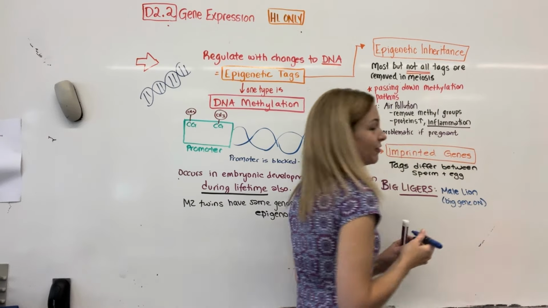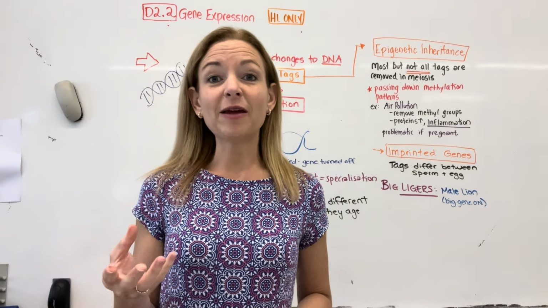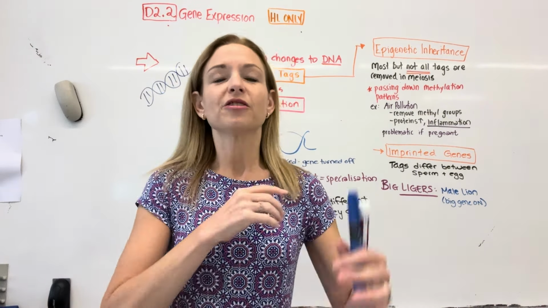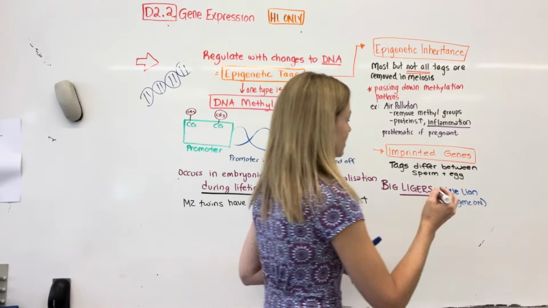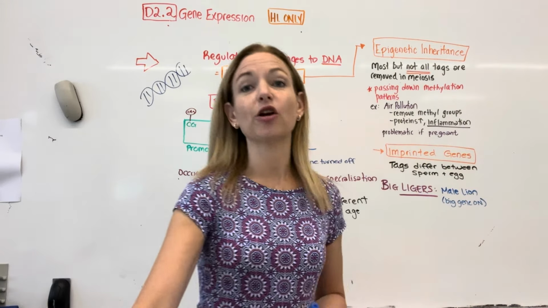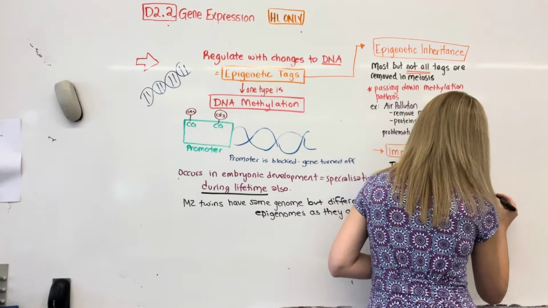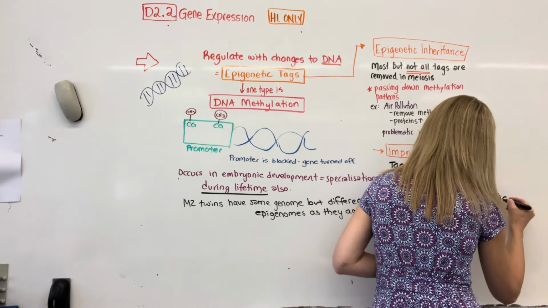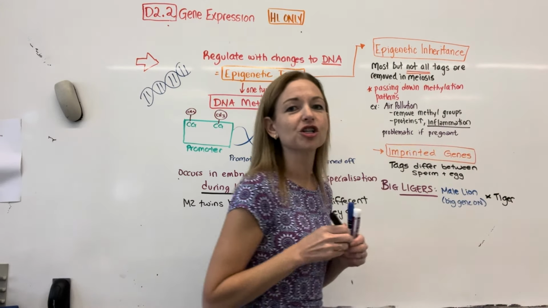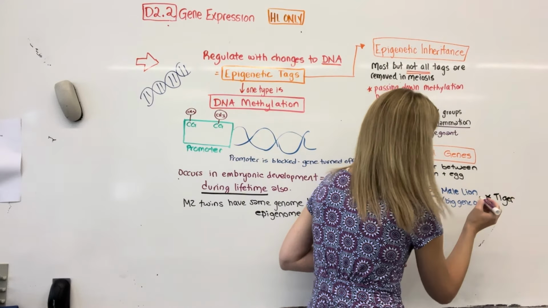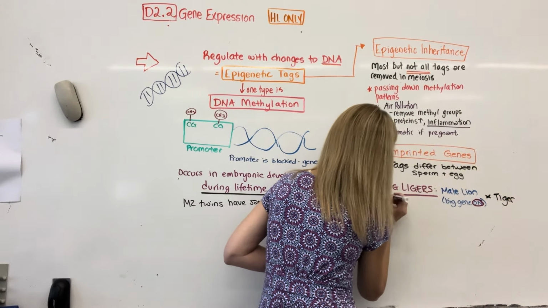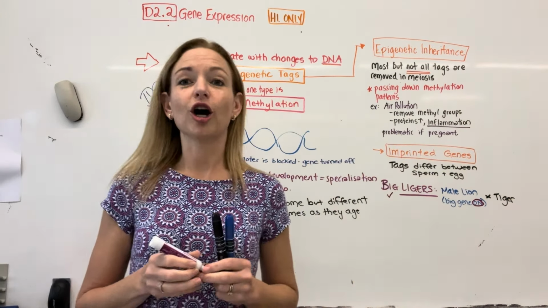And instead of then mating with a female lion who has it off, so they equal out, they mate with a tiger who doesn't have the gene at all. So the tiger doesn't hold that gene. So as a result, the only version is on. So as a result, the offspring are particularly large.